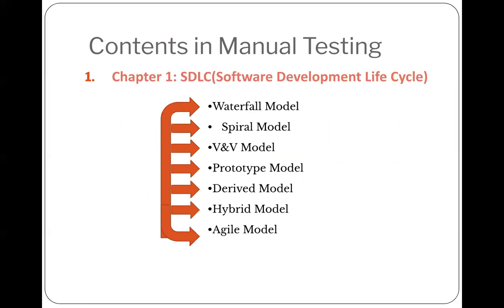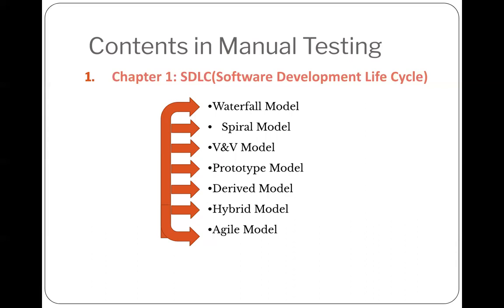The waterfall model is an older kind of software development methodology, used when we have long-term projects, where we have to deliver the project after 6 months or 1 year.